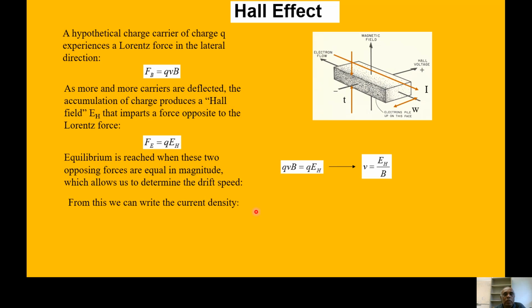Now, if you know the current density, we know this current I. The current density means the current divided by the perpendicular surface area, right?